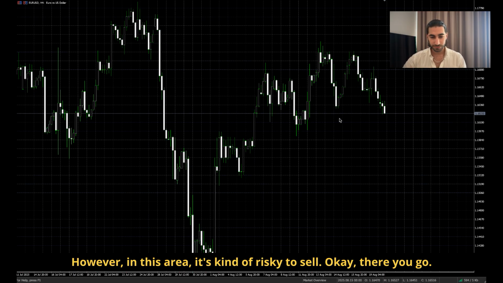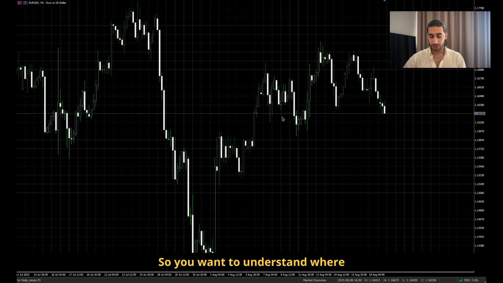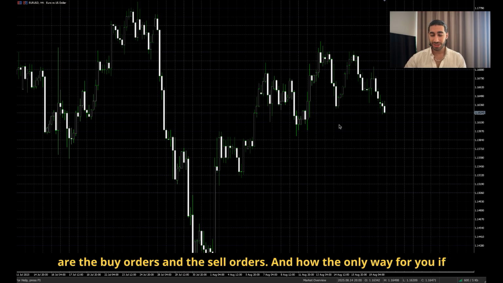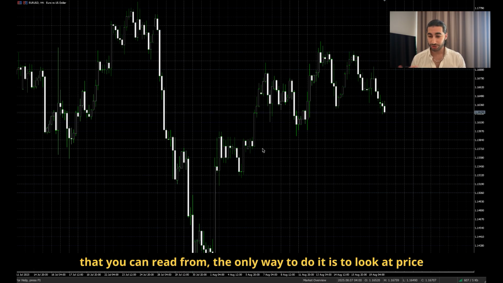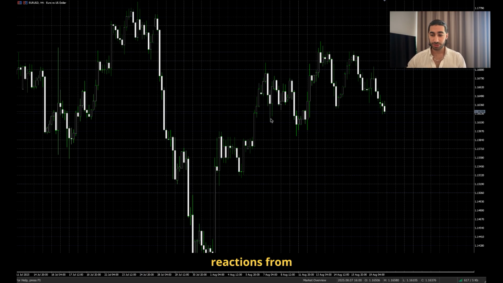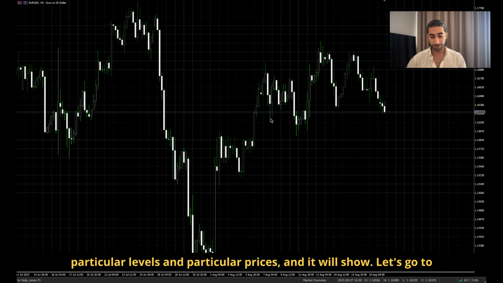Okay? There you go. So you want to understand where are the buy orders and the sell orders, and the only way for you, if you don't have an order book that you can read from, the only way to do it is to look at price reactions from particular levels and particular prices, and it will show.